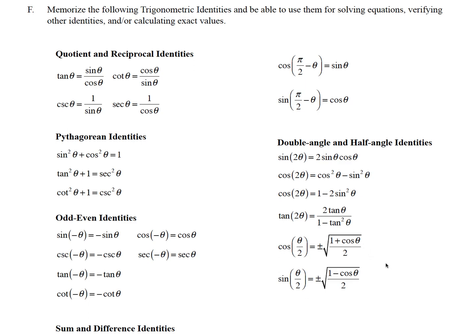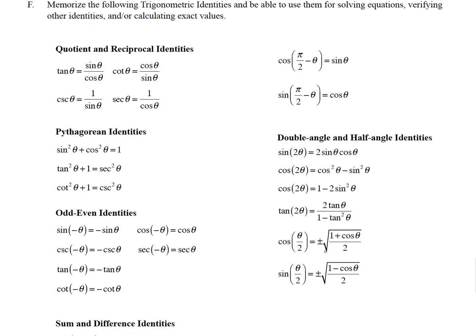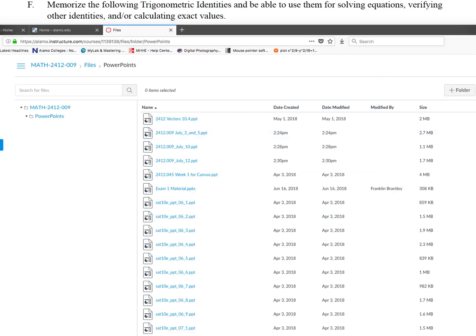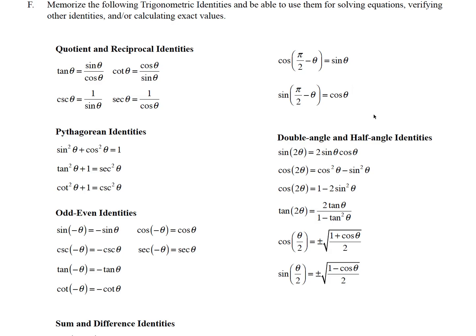Notice I don't have the half angle for tangent, and don't forget that the plus minus here is dictated by whatever quadrant the angle divided by 2 is.